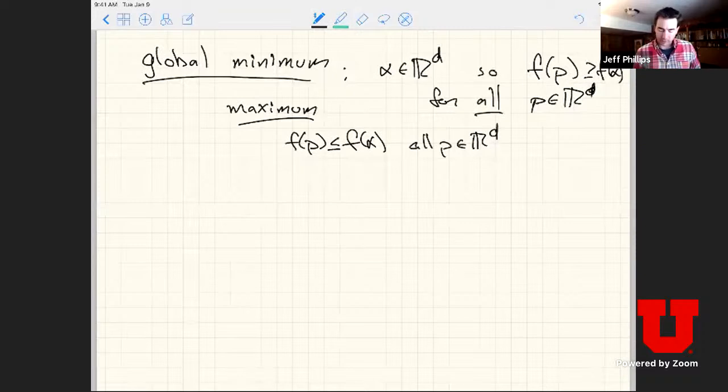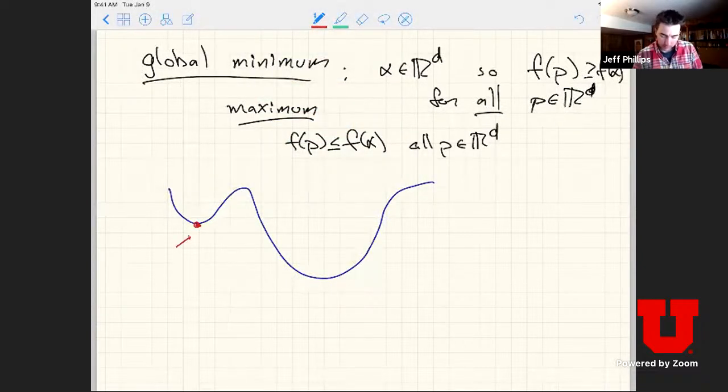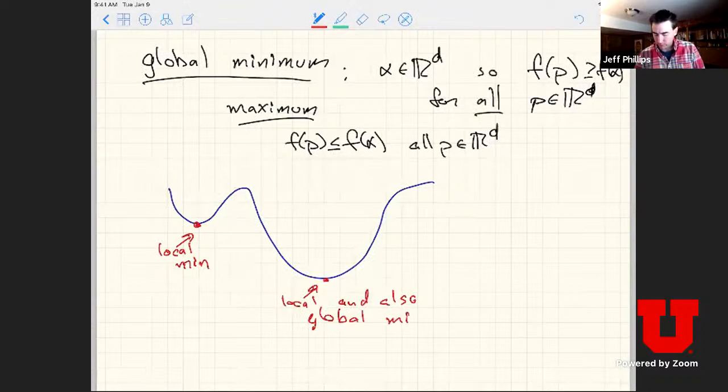Okay, so if I have a function like this, this is a local min, and this one is a local minimum, and it's also a global minimum.